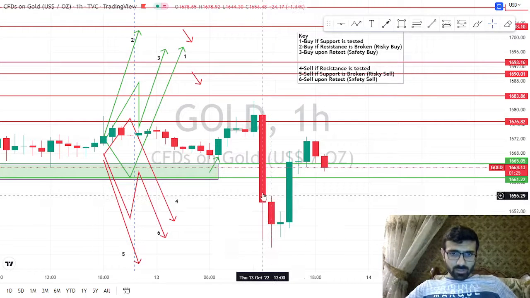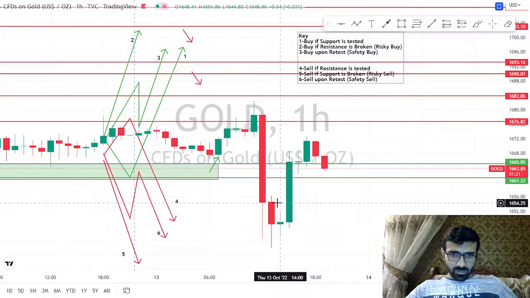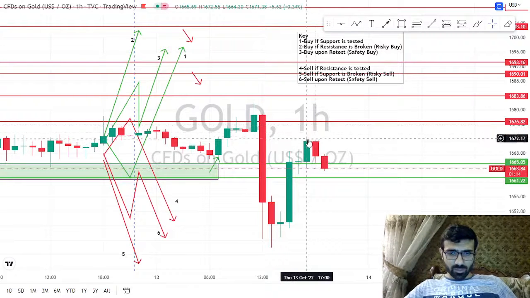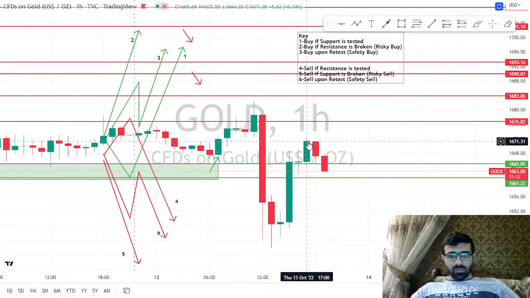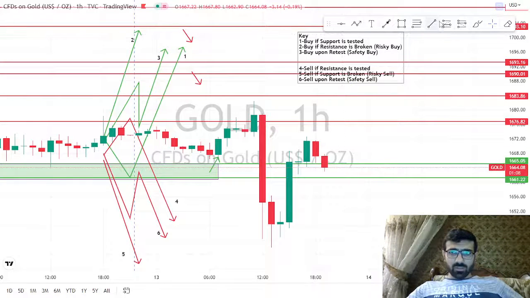And then once market stabilized a little bit and gave this signal of buying, and then once again market closed above our area of support, then we could have entered in a supportive scenario. But once again, this would be still risky.